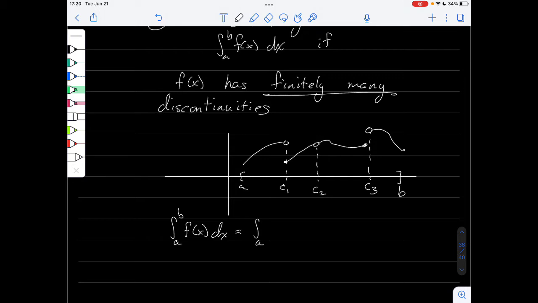So it's the integral from a to c1 of f of x plus the integral from c1 to c2 of f of x plus the integral from c2 to c3 of f. And I'm going to slide all this over.